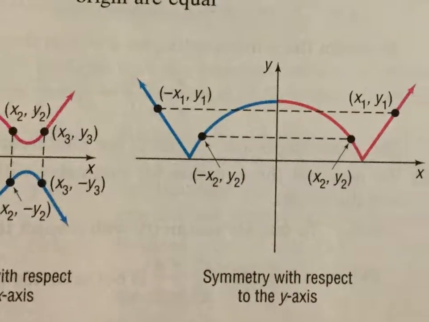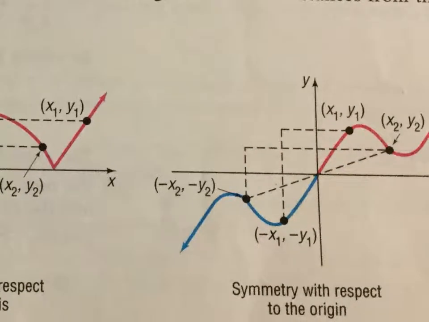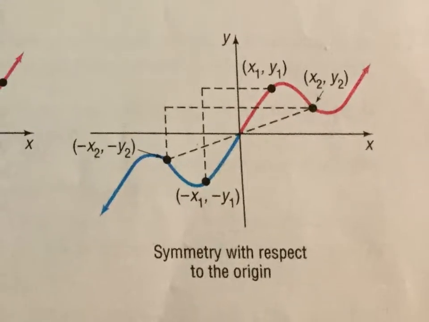Now similarly, look at symmetry with respect to the y-axis. We're going to fold that over the y-axis, and they'll match right on top of each other. But I think about symmetry with the origin a little differently. I think about taking this original graph and spinning it 180 degrees, keeping my finger down on the place right there that's the origin.